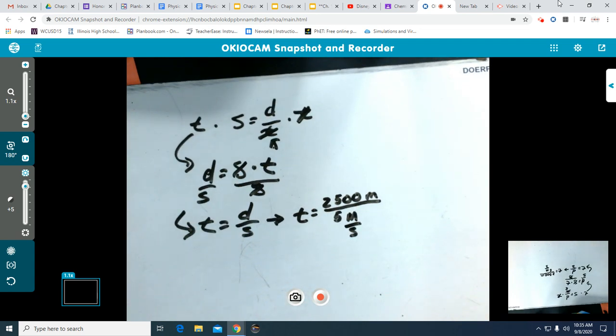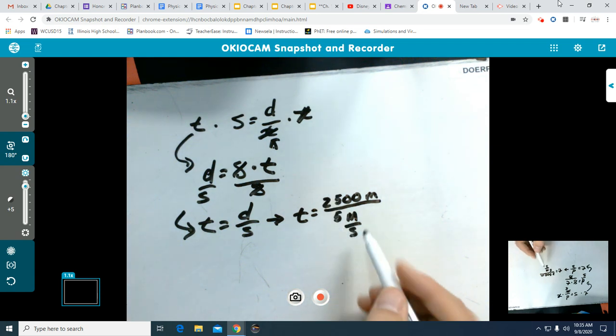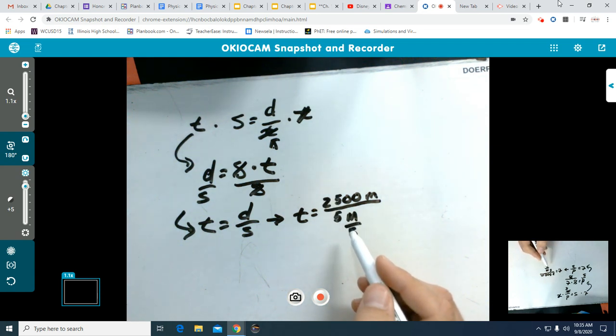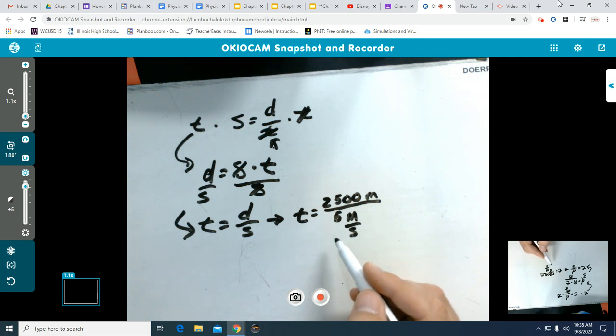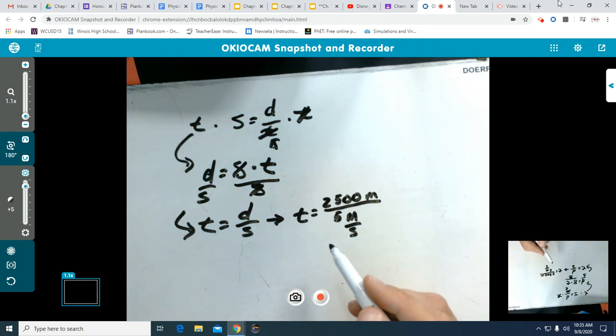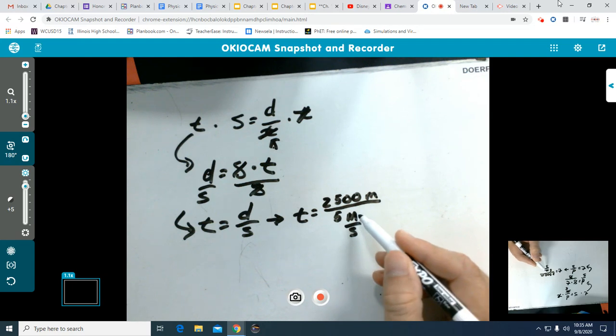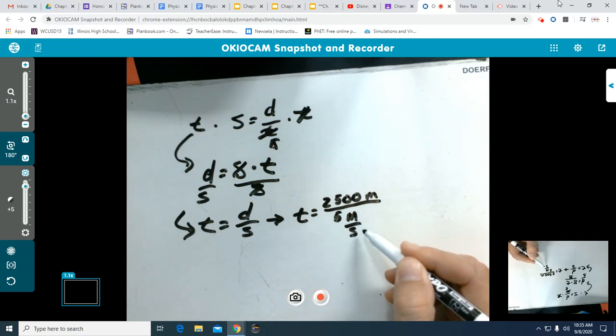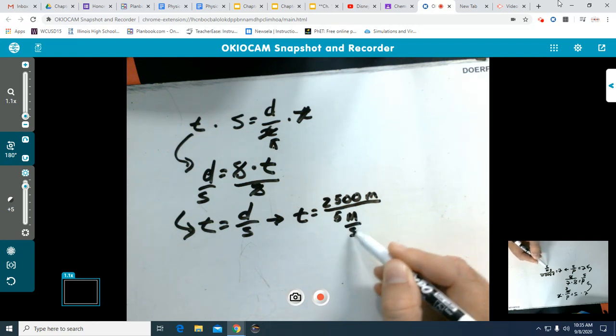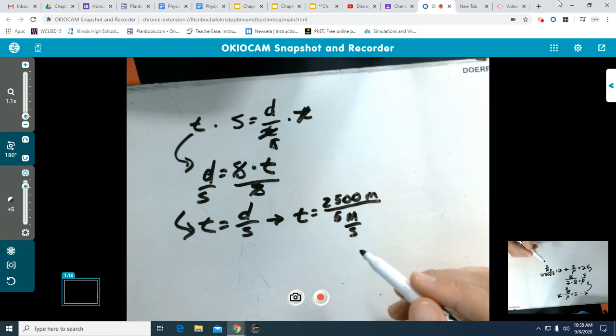So as you write this out, and also as you look at it on the board, for our 5 meters per second, that's our denominator, right? But look what we have here. We have meters per second in a denominator. So that second unit is a denominator in a denominator.